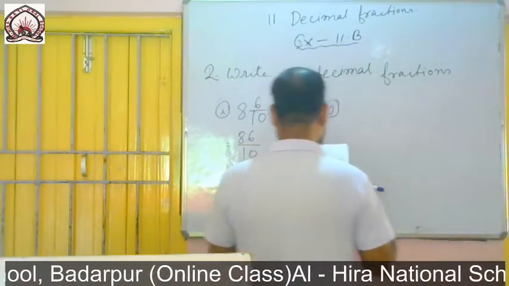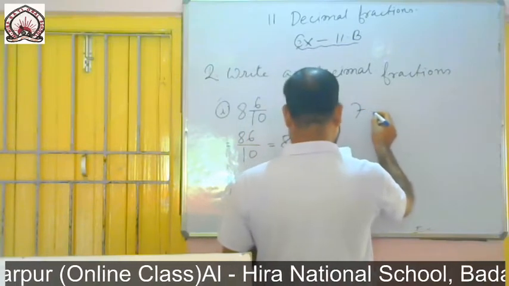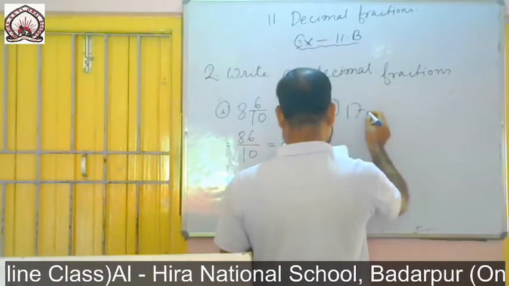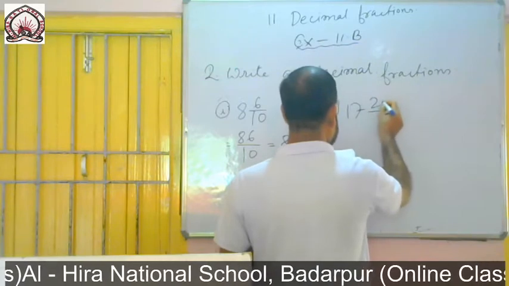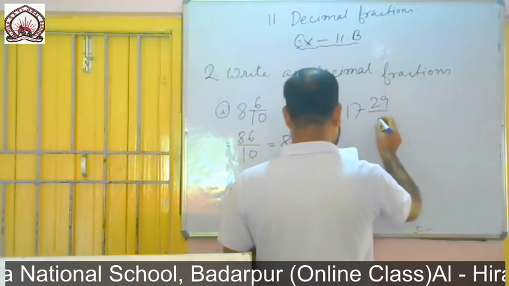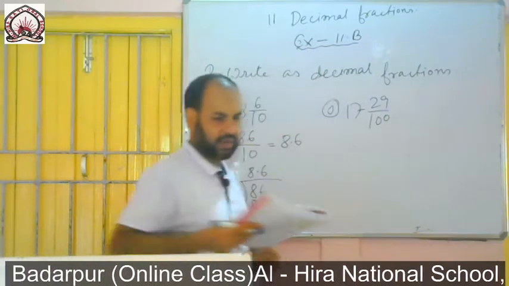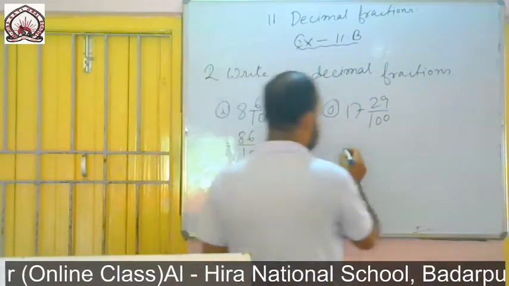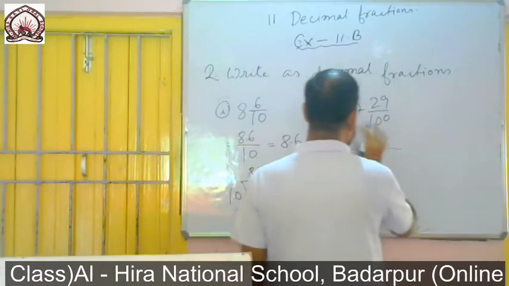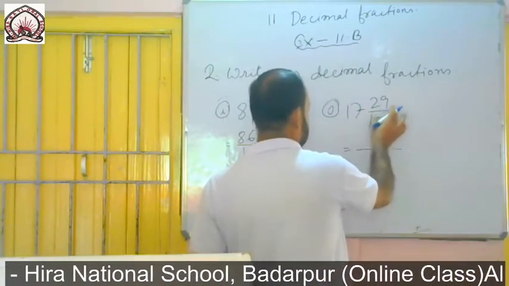Question number J: 17 29 by 100. This is also a mixed fraction, with an integral part and a fractional part.